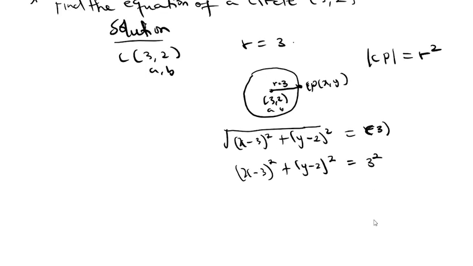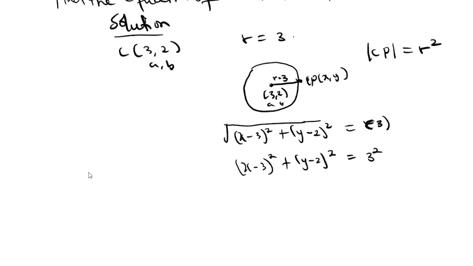So let's continue. This is the same as (x minus 3)(x minus 3) plus (y minus 2)(y minus 2) equal to 9.